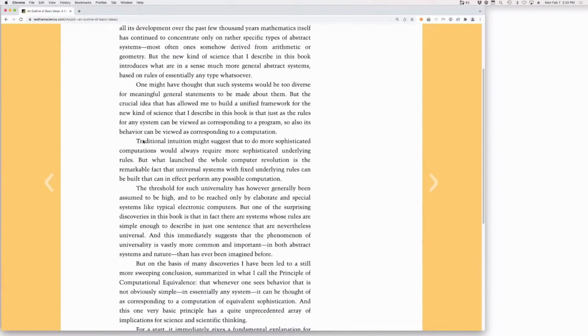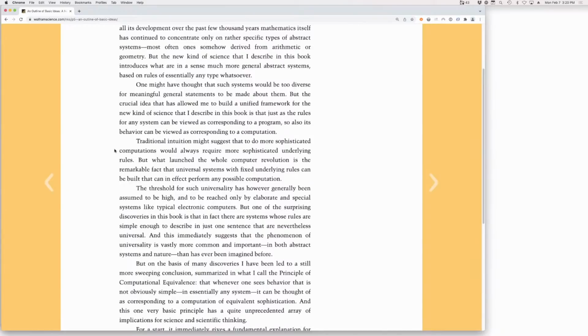Traditional intuition might suggest that to do more sophisticated computations would always require more sophisticated underlying rules. But what launched the whole computer revolution is the remarkable fact that universal systems with fixed underlying rules can be built that can, in effect, perform any possible computation.